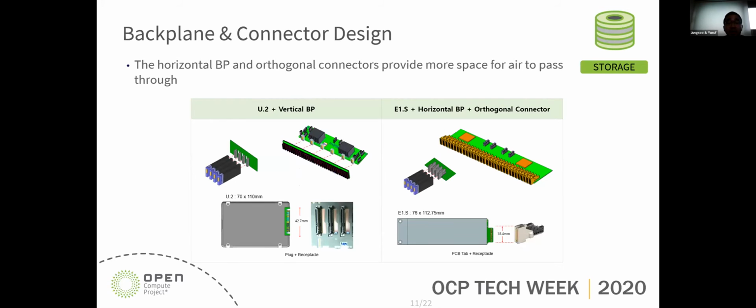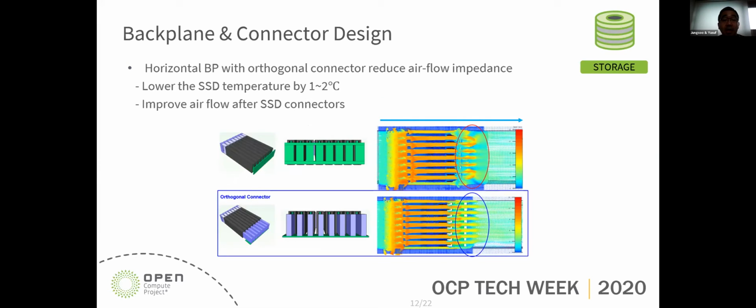We also adopted a horizontal backplane and orthogonal connectors to improve the airflow of the system. As you can imagine, with a traditional vertical backplane design, the air passage is very small, which causes air impedance to increase. We simulated 2 different kinds of backplane design, vertical and horizontal. As you can see in the red circle, there is some turbulence with the vertical backplane, which increases air impedance of the system.